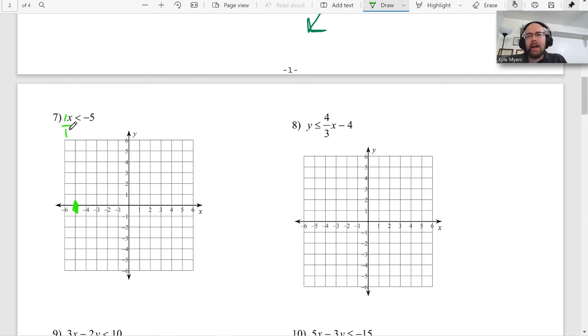If there's no y, then technically that's 0.